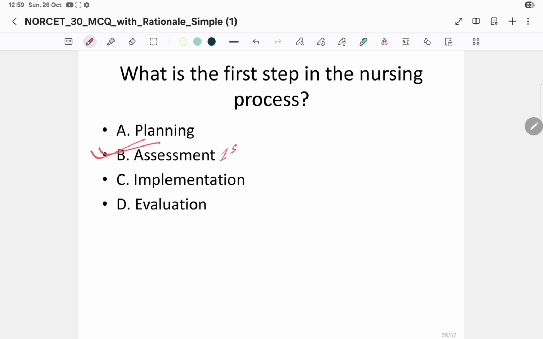First assessment, second diagnosis, third planning, fourth implementation, and fifth what? Evaluation, right? So assessment is the first step of nursing process.